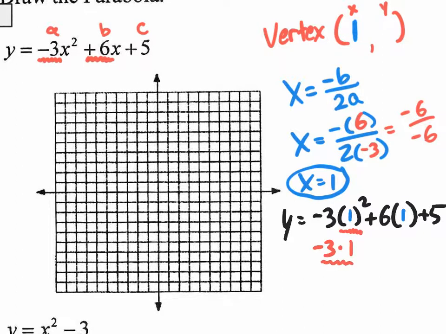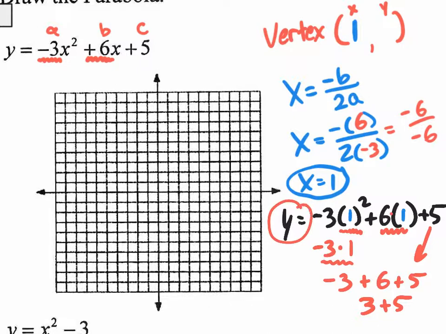What's -3 times 1? -3. And how about 6 times 1? 6. And then bring down that plus 5. So doing the math, we're going to have -3 plus 6. What's -3 plus 6? Anybody awake? 3. And 3 plus 5? 8. So we just found the y value. Y equals 8.